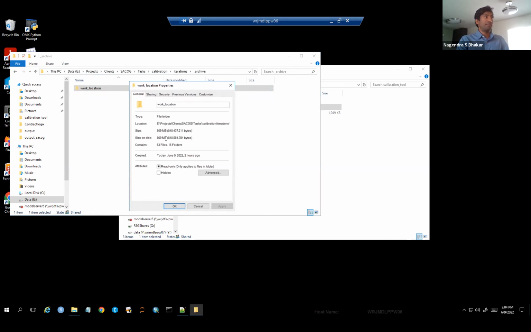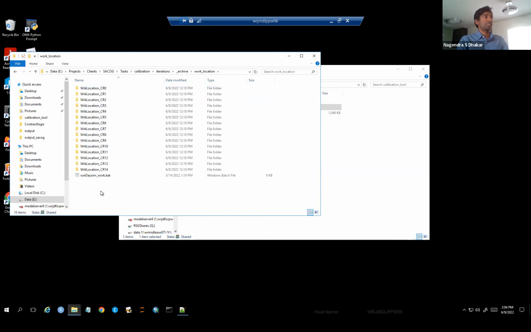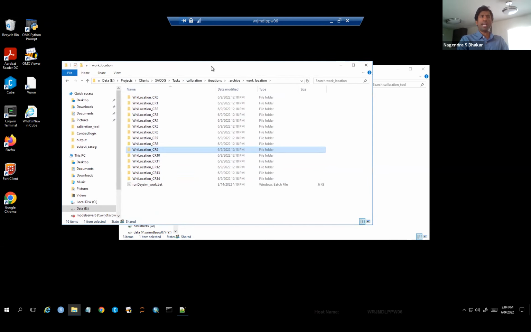But I feel that it is worth keeping, because that way you know how your iteration went from starting at 0 to 14. If I see some issues in my calibration round and want to identify where things went wrong, you can always go back and trace your steps.